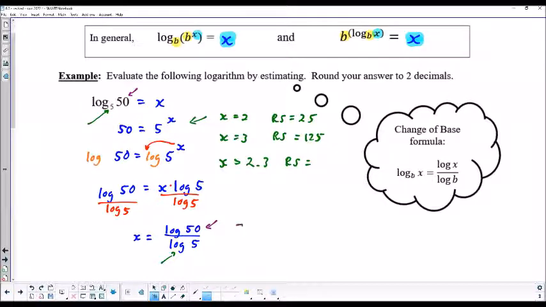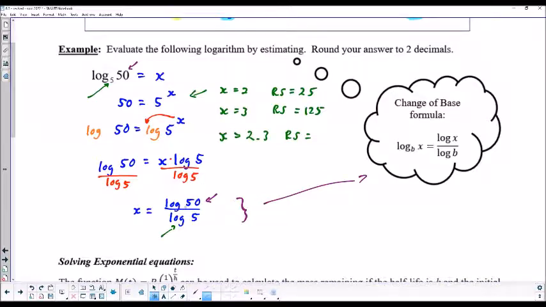And that is the change of base formula. They call it the change of base formula because we can use whatever base we want. In this case, because the base is not written, the base is 10 in both cases, of course. But we could write that any way we want.